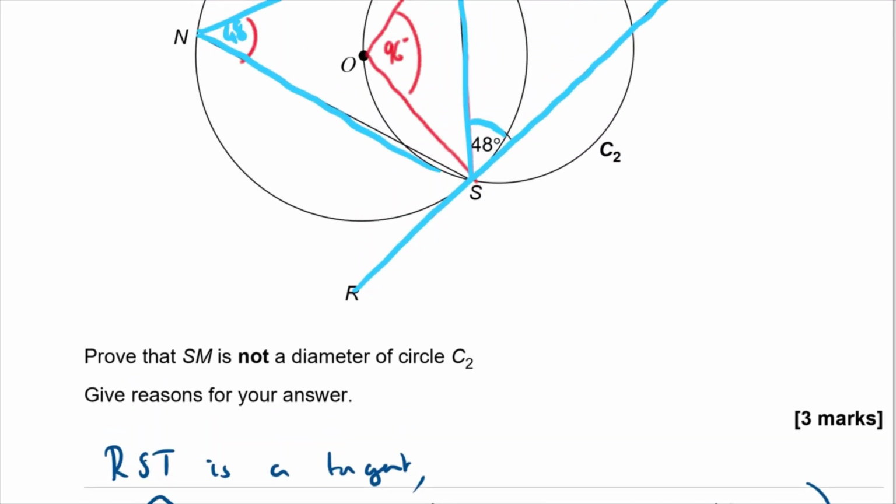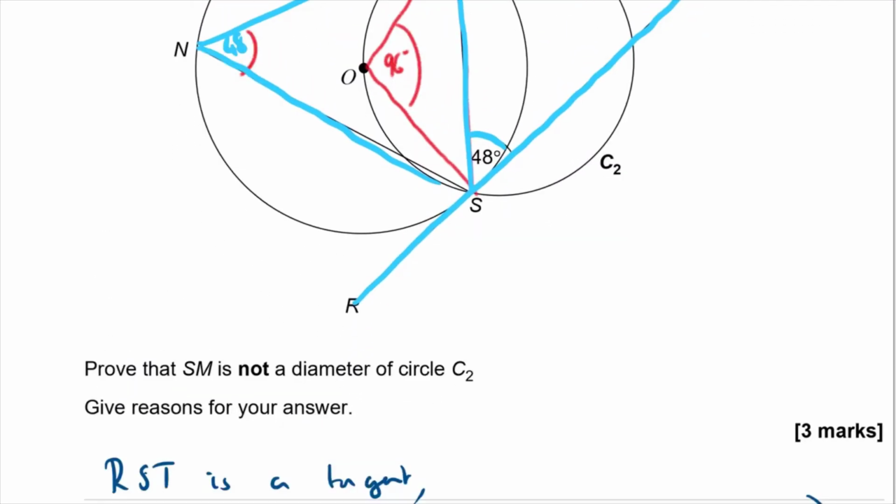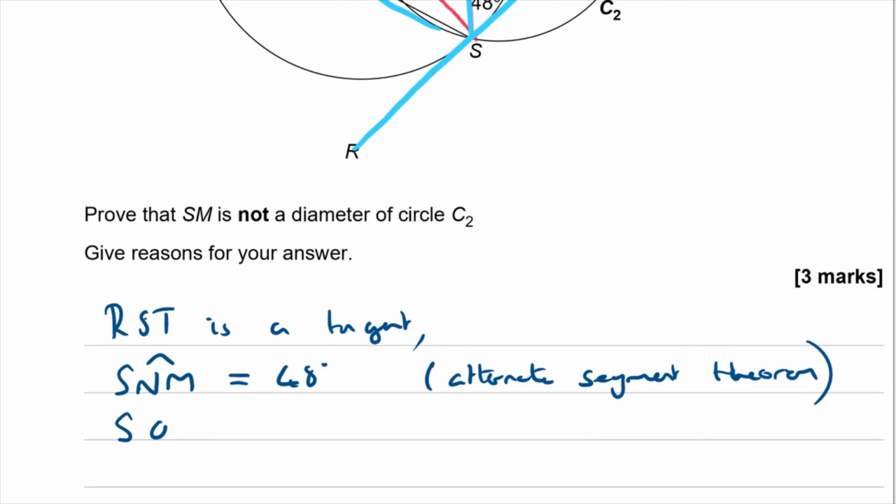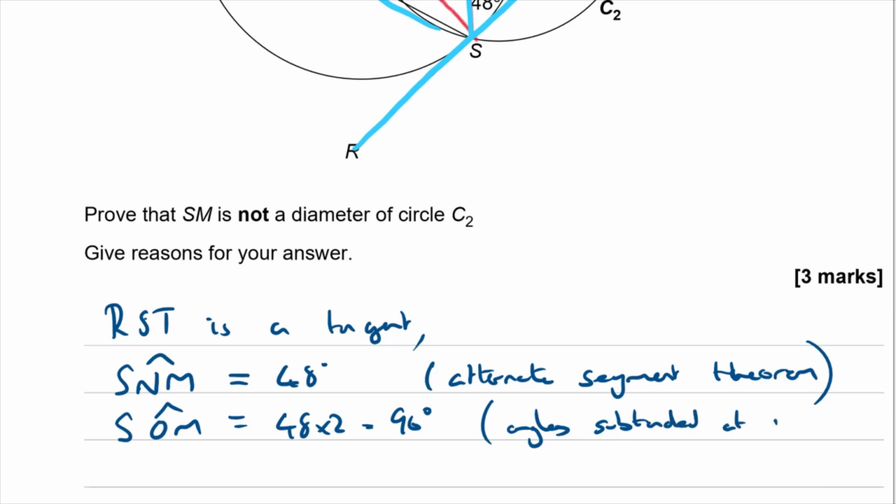Which means then the angle at the centre, SOM, is twice that. It's going to be 48 times 2, which is 96 degrees, and that is because angles subtended at centre are twice angle subtended at circumference.